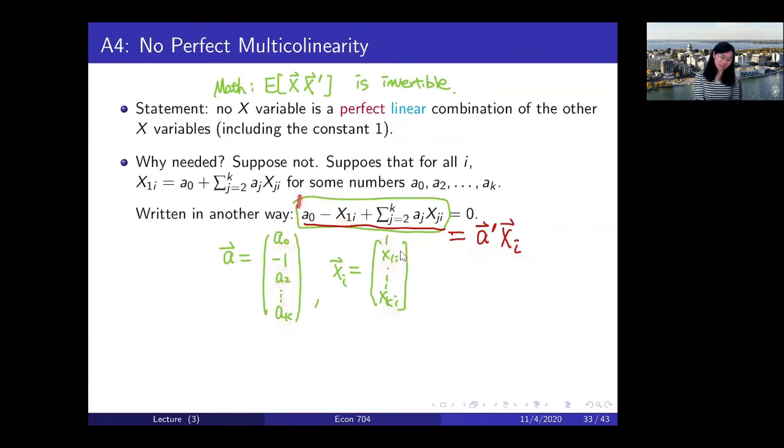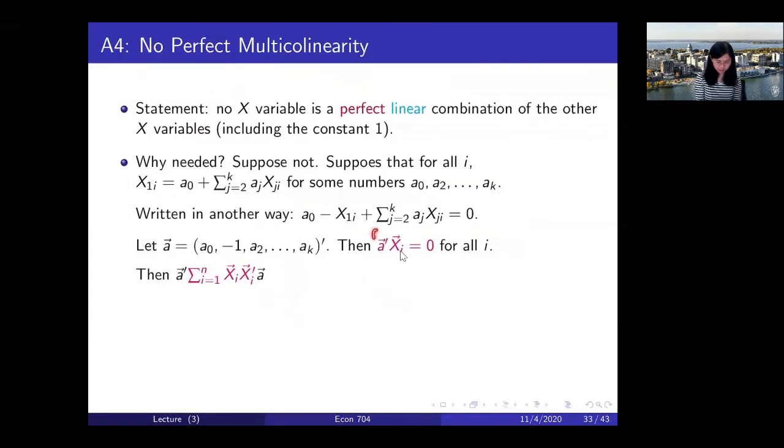So that's exactly the left hand side of this equation. So violating the no perfect multicollinearity assumption means that there is a non-random vector A such that A prime xi equals 0 for all i.